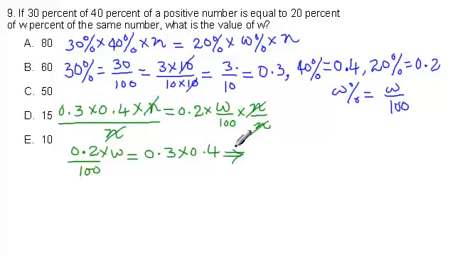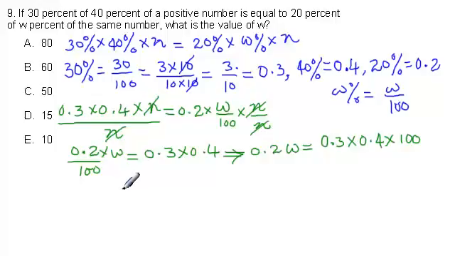We can further simplify this by multiplying both sides by 100. So if I multiply both sides by 100, I will have 0.2 W is equal to 0.3 times 0.4 times 100.